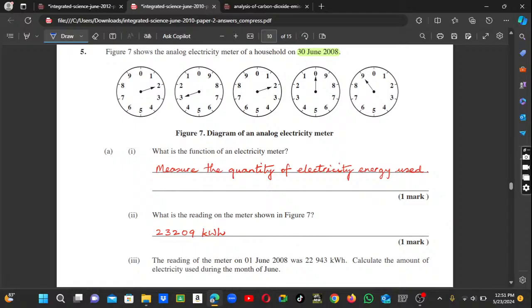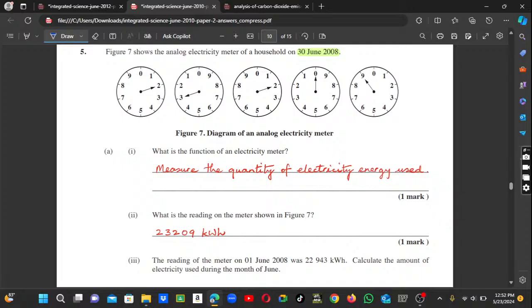So we know that this is the meter. We know what the meter normally does: it measures the quantity of electrical energy being used. Therefore, if we're going to read the meter here, guys, what is the reading on the meter in figure 7?